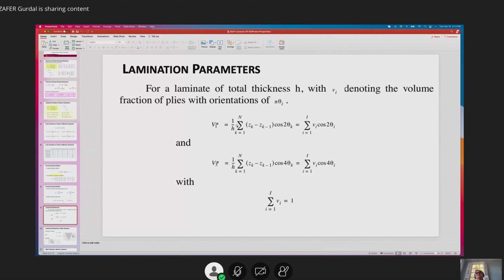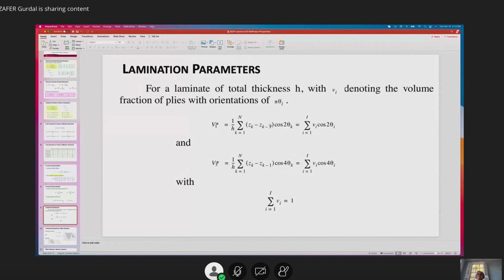Now, if we do this integration for discrete angles theta, where theta is plus minus theta_i, with i running from 1 to capital I. So let's say, just like your test problem, there are only 3 angles: 0 degree, plus 60 degree, minus 60 degree. In this case, capital I is actually two distinct angles, 0 and 60.